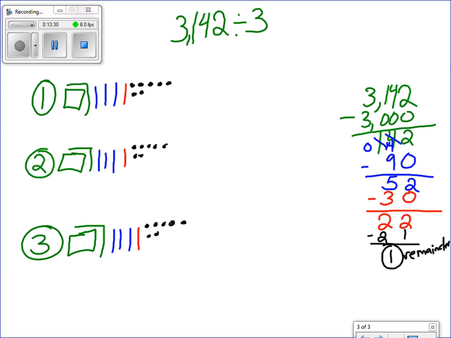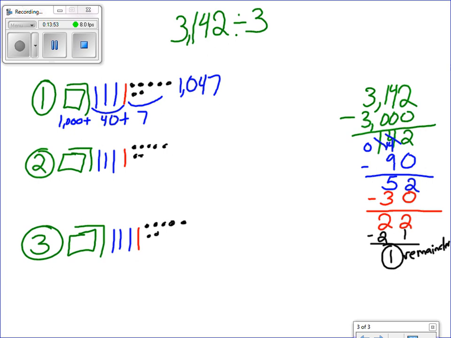I'm going to come over here and check my groups. Remember the square with the upside down L is 1,000. I have 4 tens, so that's 40. And I have 7 ones, so that's just 7. My answer then is 1,047.